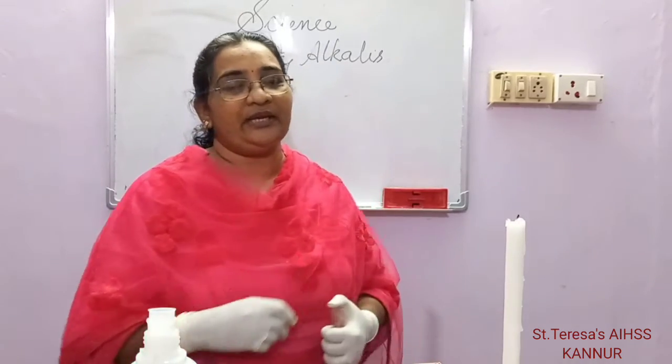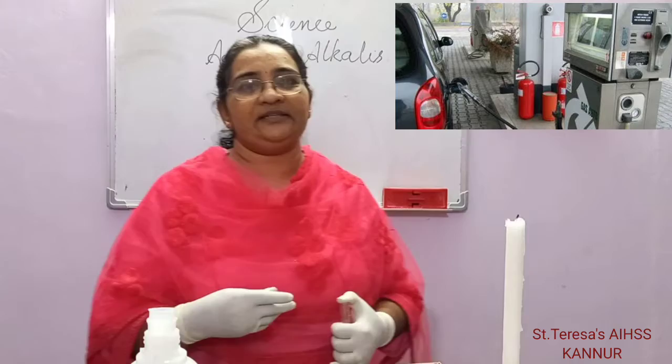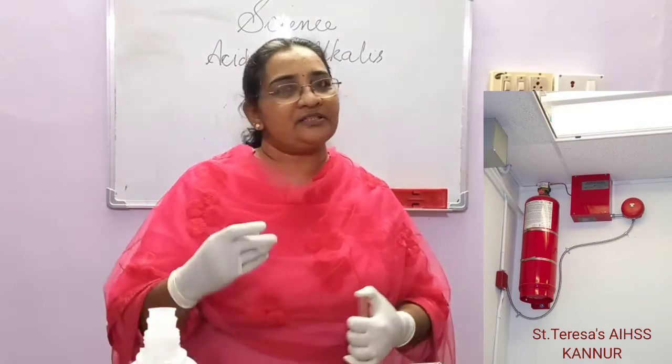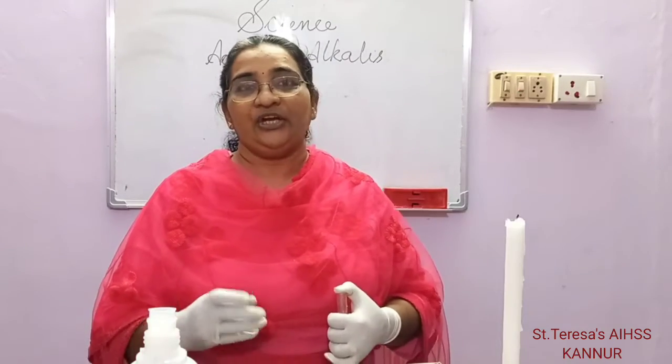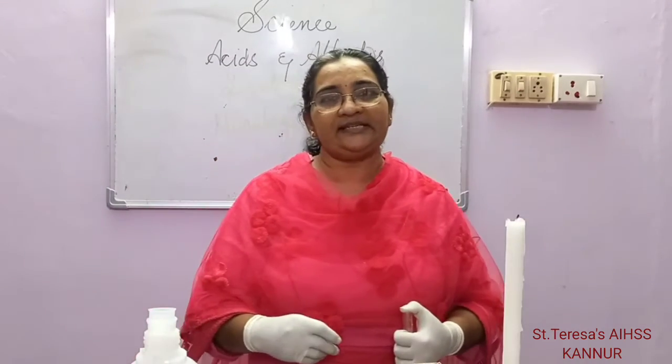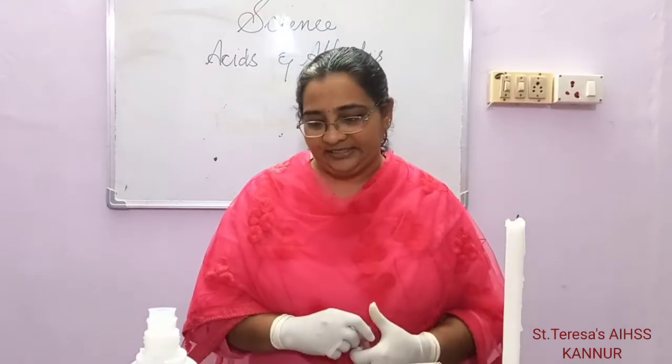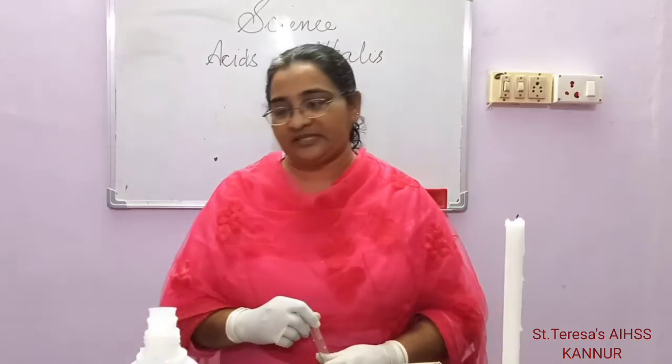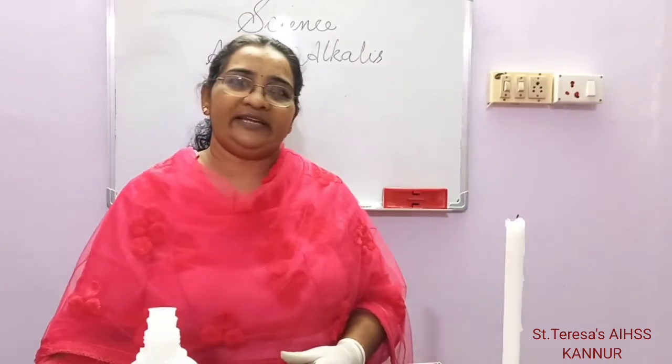So these things you can see in the petrol bunks and big buildings, and where there is a chance of big fire to happen, you have seen fire extinguishers. Even in schools we have fire extinguishers. So what gas is present in that? Yes, carbon dioxide is the gas which is present inside the fire extinguisher.